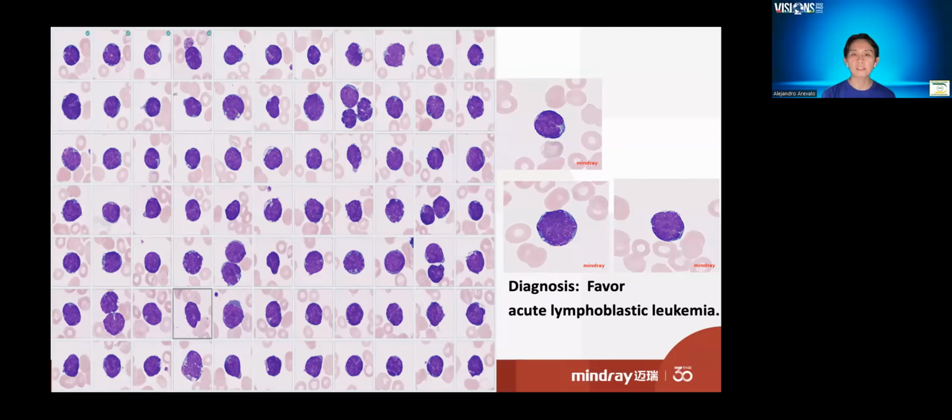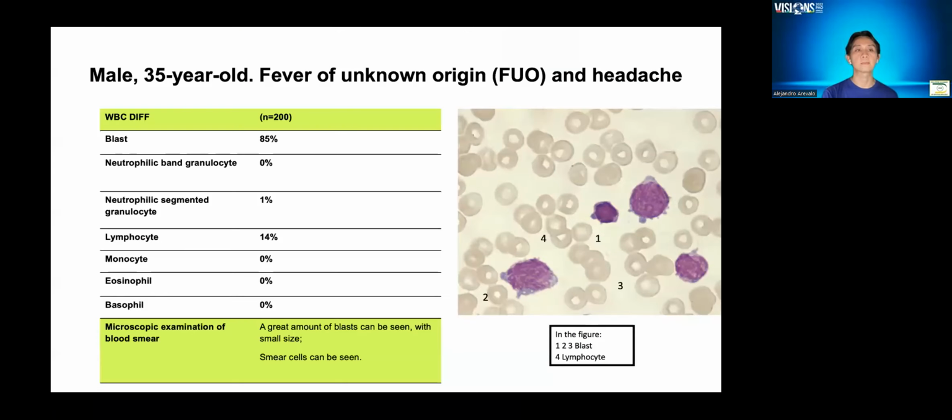You can just place them in the differential count as blasts, and then suggest in the remarks other tests, or probably talk to the clinician, relate to them the possibility of an acute leukemia, so that the clinician can do additional procedures like a bone marrow aspiration biopsy, flow cytometry, FISH testing, and molecular studies.